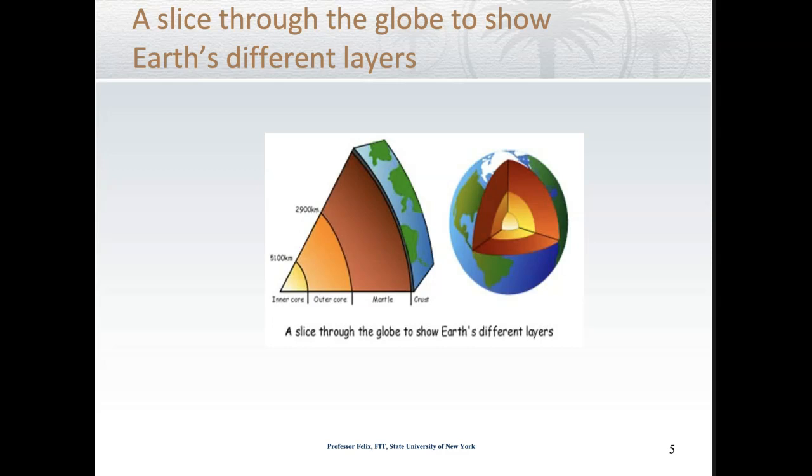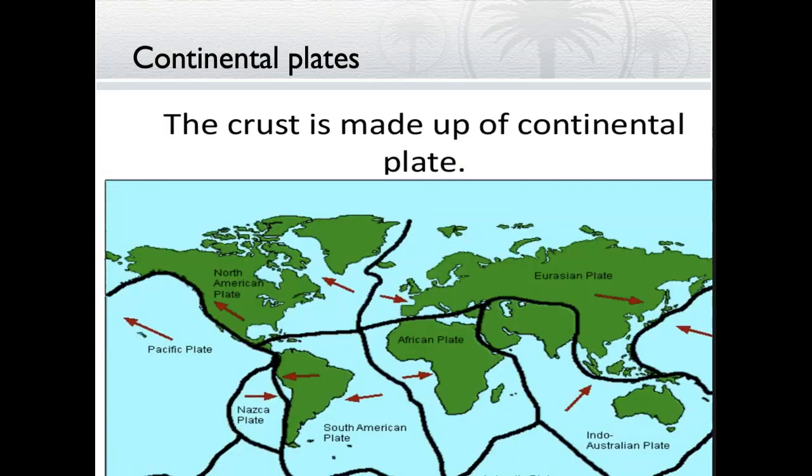So this is a slice through the Earth's layers. Tectonic plates is what we're concerned about mostly in this particular conversation. That's the surface of the Earth under the ocean, and in some cases, the land where this volcanic activity happens. So the crust is made up of continental plates.